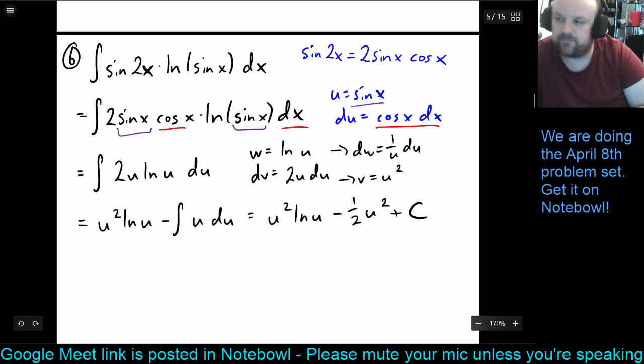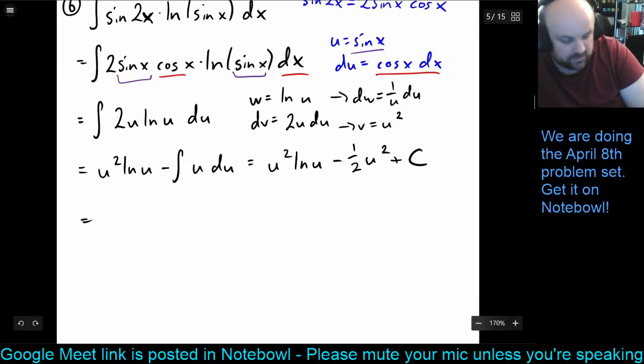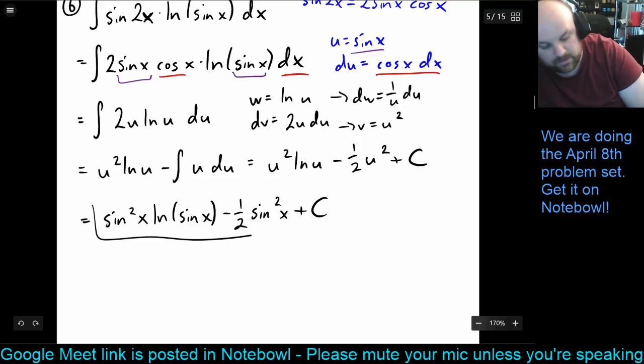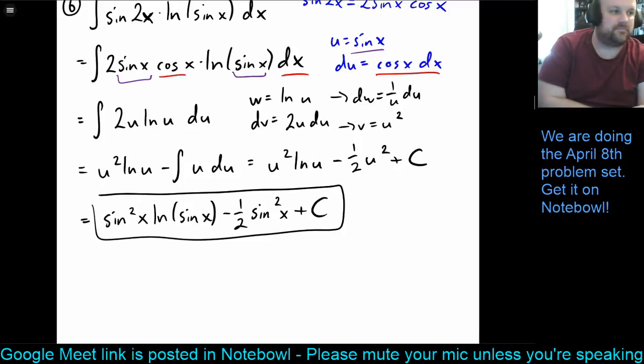Right? And now replace all the u's with sine. We have sine squared of x ln sine of x, minus 1/2 sine squared of x plus c. Here we go. That's it.